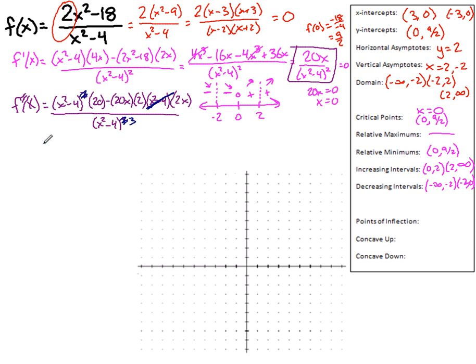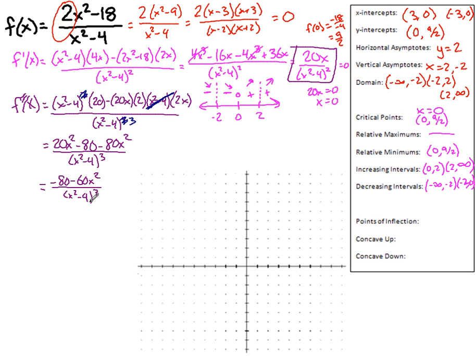I can now distribute through because it's to the first power, so I'll have 20x squared minus 80, and this guy here will be 20 times 2 is 40, times 2 is 80, so negative 80x squared. My denominator is still the same, x squared minus 4 quantity cubed, and this simplifies down to negative 80 minus 60x squared over x squared minus 4 quantity cubed.